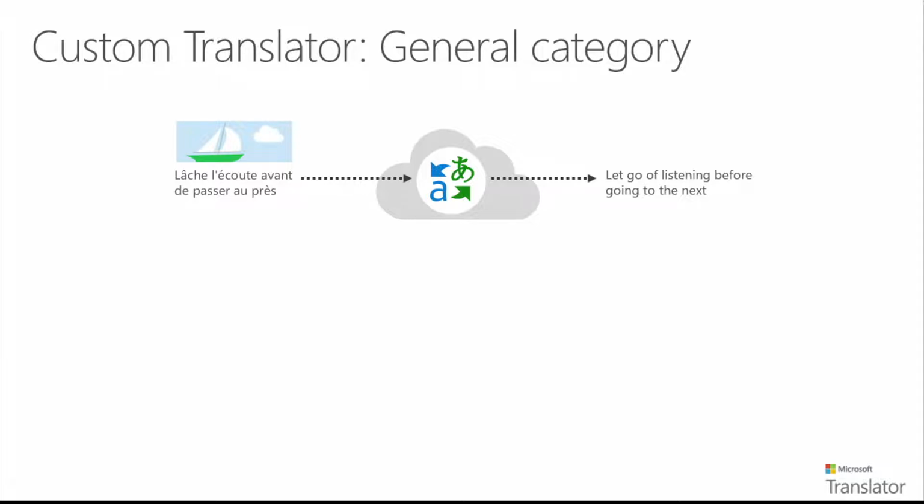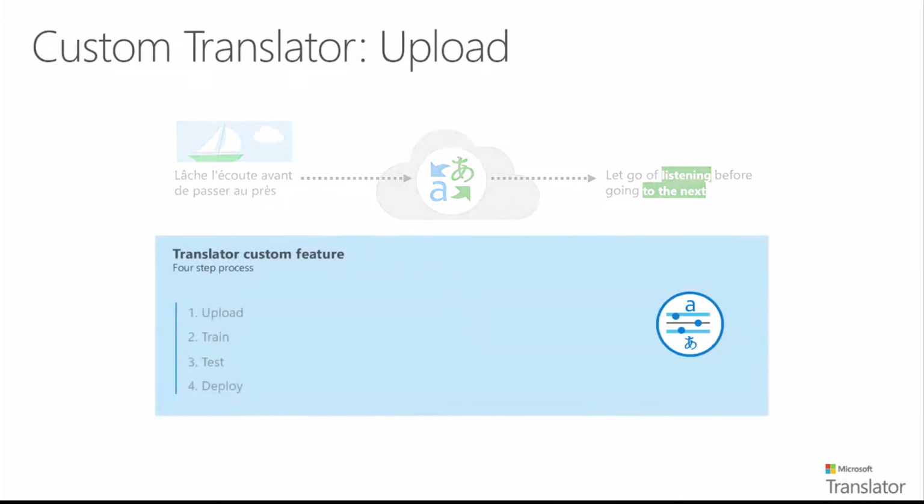Sailing, or boating in general, or shipping, has terms that many times deviate from the general world usage. So here's an example in French that is translated using the generic system, and these highlighted words here are not particularly sailing related, if you can get the gist.